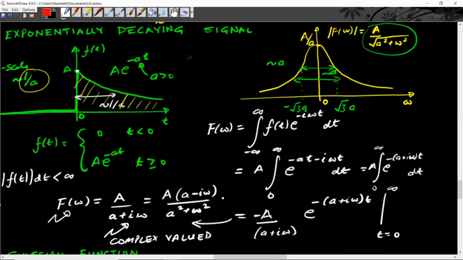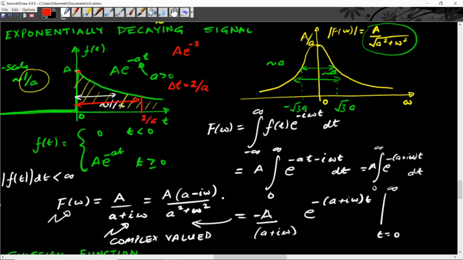Similarly, for an exponentially decaying signal, I can take the pulse duration as 2 times the characteristic time scale of the exponential decay. So let's say that we take delta t as 2 over a. So at this particular time 2 over a, the function attains a small value that is given by e to the power minus 2 times the peak value.